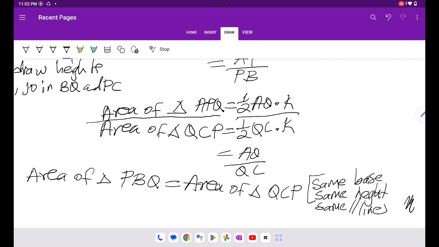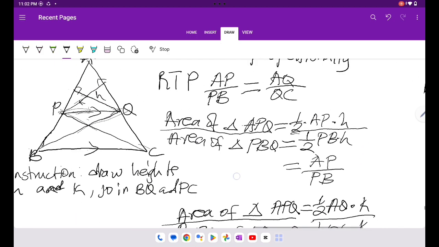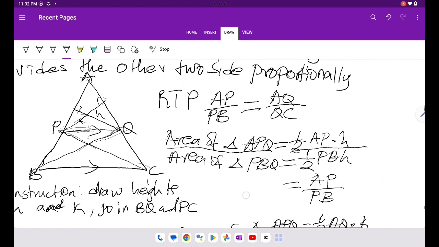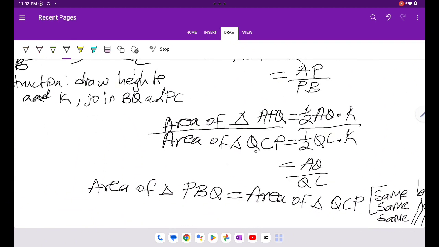Now remember, you might forget which triangles we are talking about. To remember the triangles, you don't even have to bother looking at them here. You just take the triangles that are below, the triangles that we divided with. So you come to your statement and say, okay, the triangle that is below is triangle PBQ. So you write the area of triangle PBQ, and the other one is QCP.